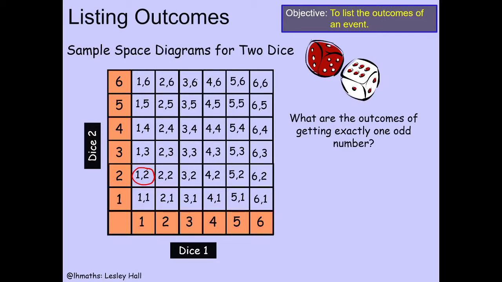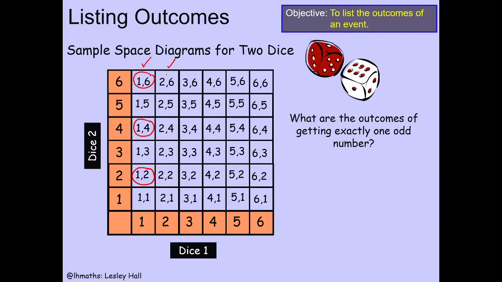Asa man ang 3 and 2? Let's start with this column first. Identify the outcomes that contain exactly 1 odd number. Exactly 1 and 6. What else? 1 and 4. Okay.